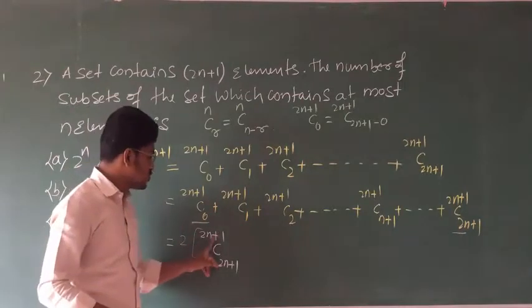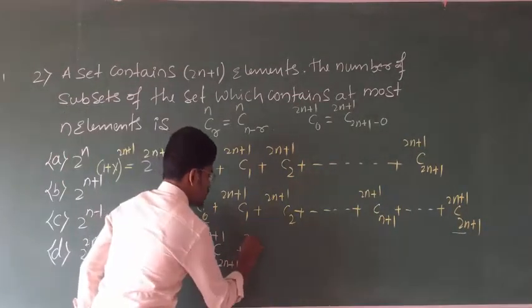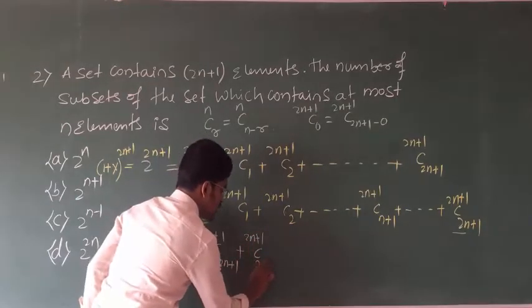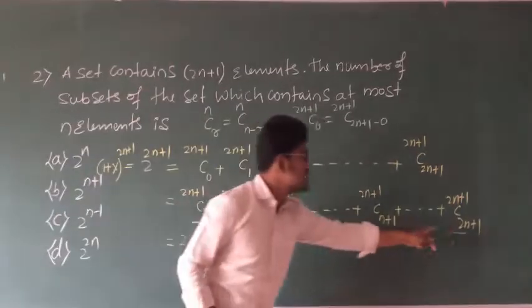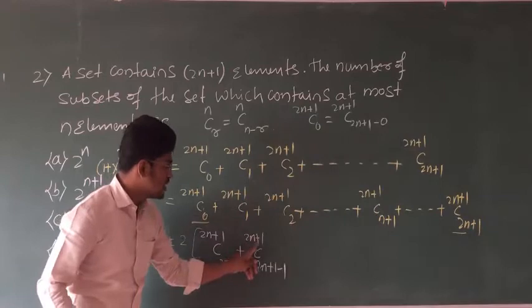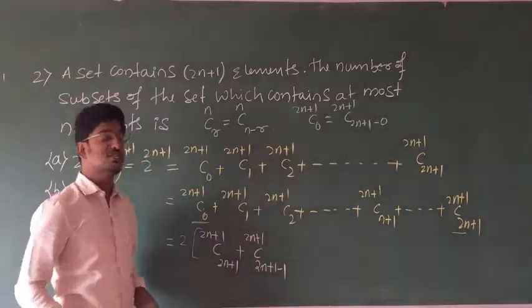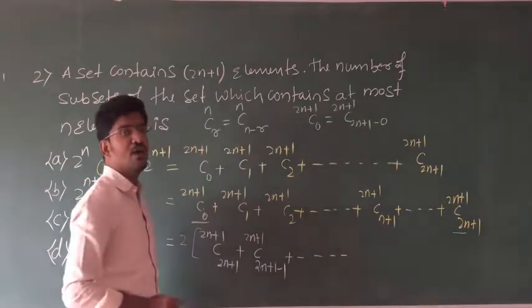So 2 times 2n plus 1 C 2n plus 1, plus so on to 2n plus 1 C (2n plus 1 minus 1). The next term, that means the previous term of this will be 2n plus 1 C (2n plus 1 minus 1), plus so on to. Are you getting my point?